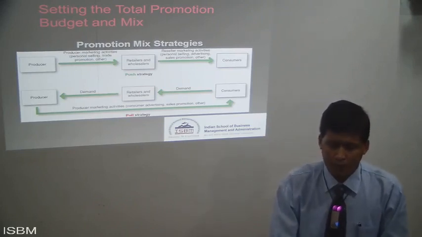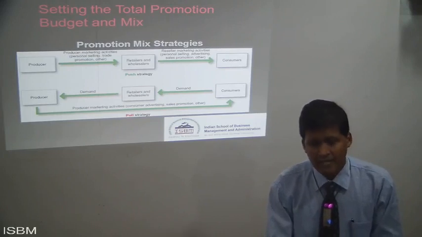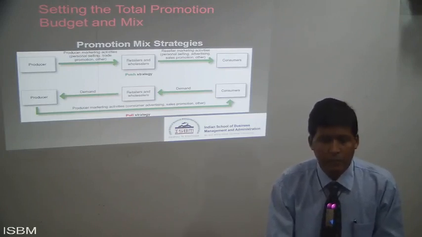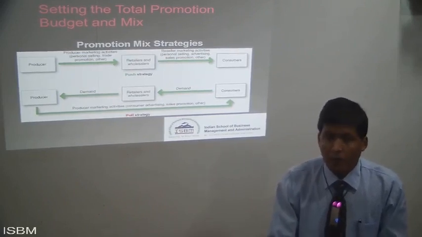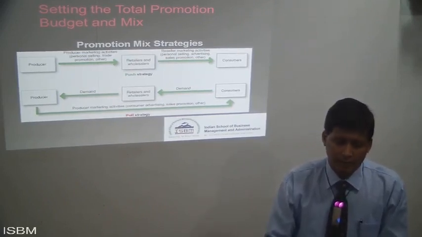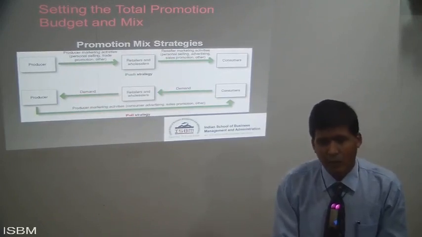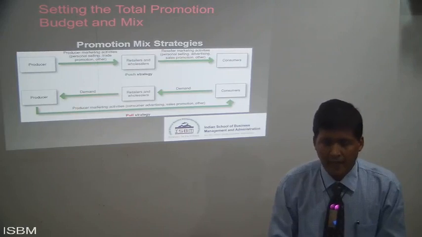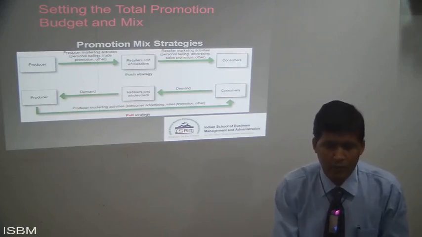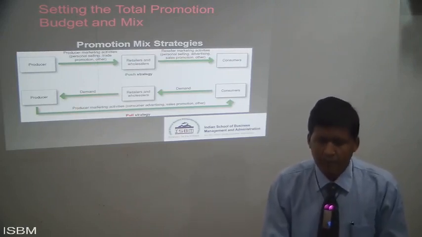It could be retailers and wholesalers, wherein the resellers' marketing activities, it could be personal selling, advertising, sales promotion, go to the customer. Based on this, the customer creates demand, and this demand goes back to the retailer as feedback, and goes back to the producer as well, and the cycle continues.